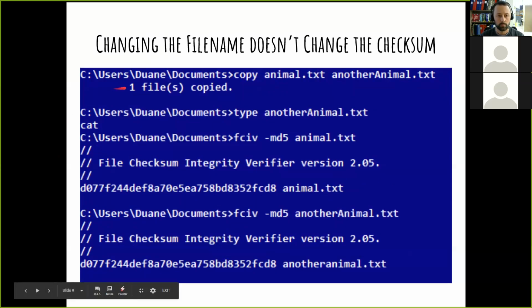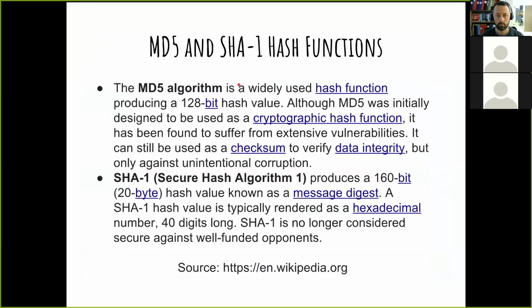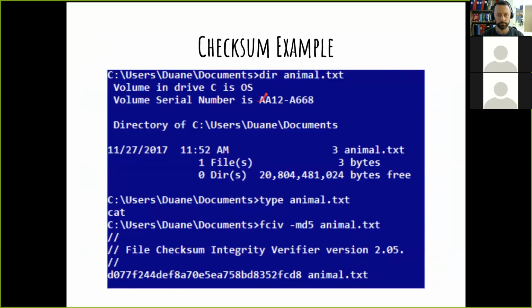Thank you. Okay, so I created a small text file called animal.txt. Here's the example. It's 3 bytes long, and it contains the 3 characters CAT, 3-byte ASCII characters.